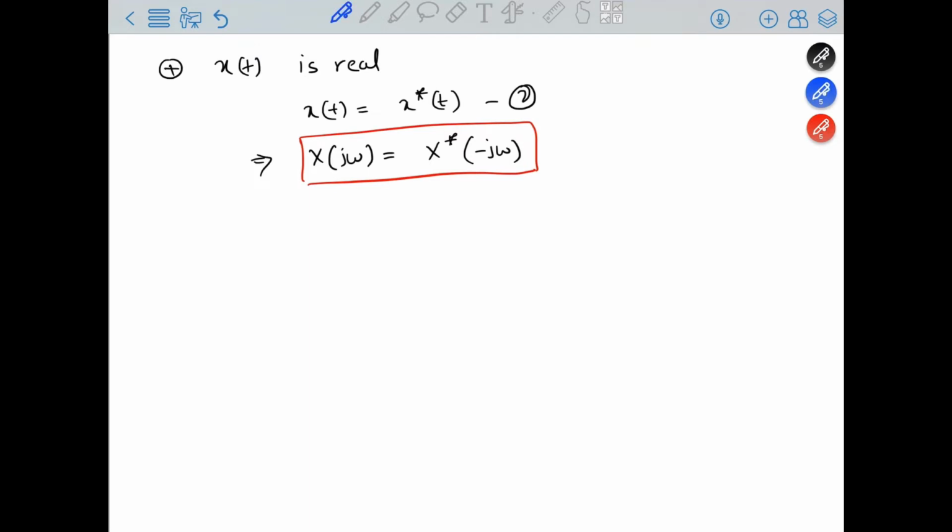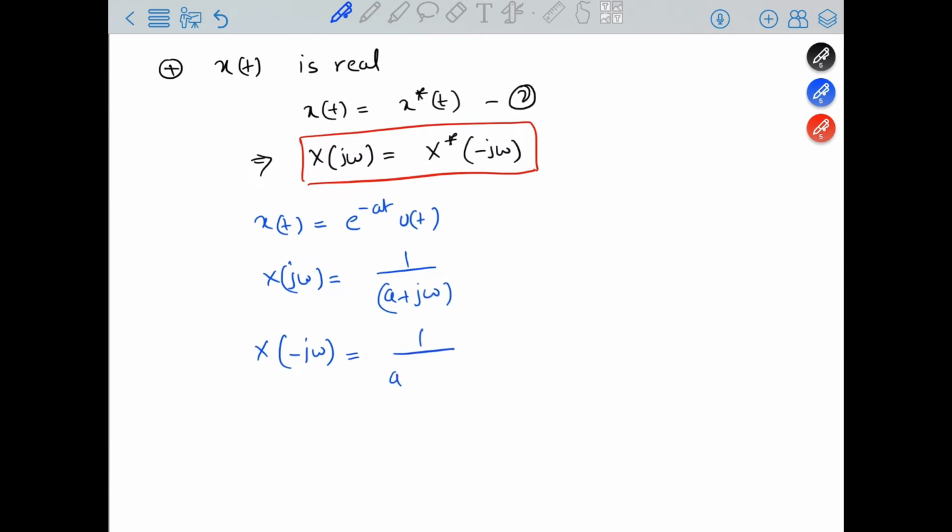Now we can have a quick example for this also. Suppose we have x(t) denoted by e raised to the power minus a t u(t). We have already derived the Fourier transform of this function, that is 1 by a plus j omega. Now if we replace X(j omega) with X(minus j omega), it will give us the form 1 by a minus j omega, which is equivalent to the conjugate of X(j omega).